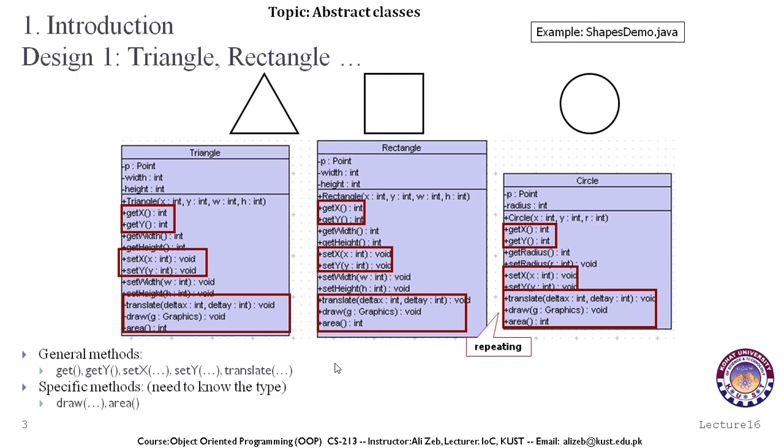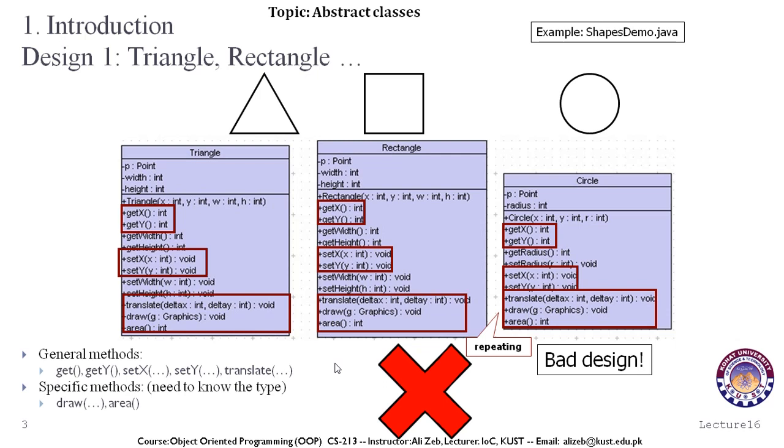So we are repeating the same kind of definitions or the same methods in each of these classes, which can be called a bad design. We are not taking advantage of some of the concepts that object oriented programming provides us with. So we can use those concepts to improve on our design in this case.